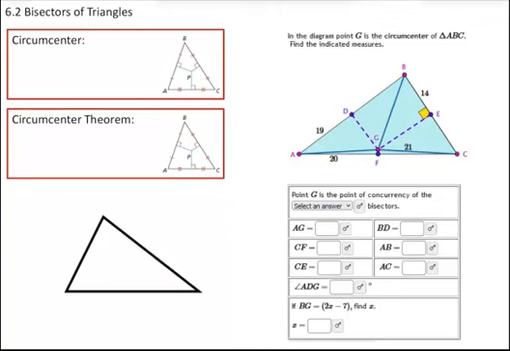These are called points of concurrency, which just means a point that's shared by multiple elements. And the circumcenter is for all 3 perpendicular bisectors. Okay, and so right here, this point P is called the circumcenter.